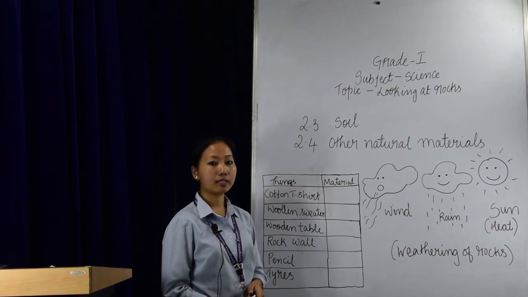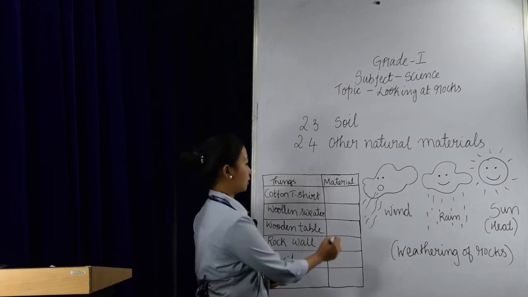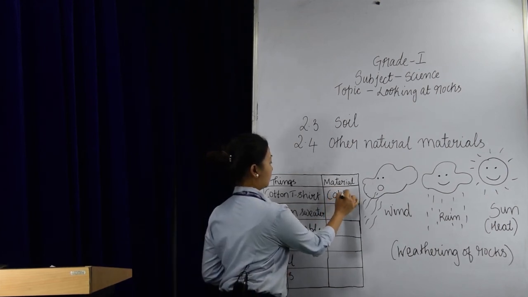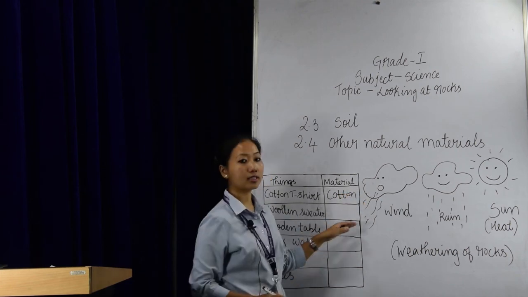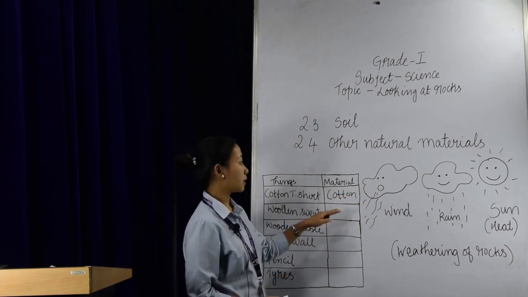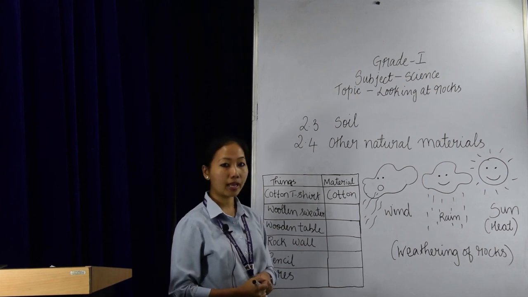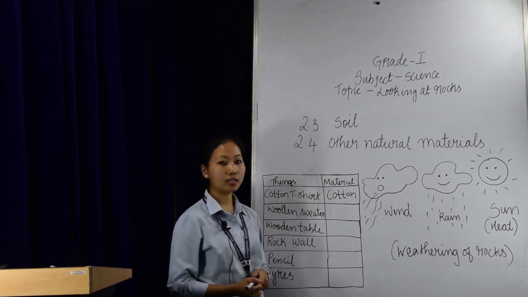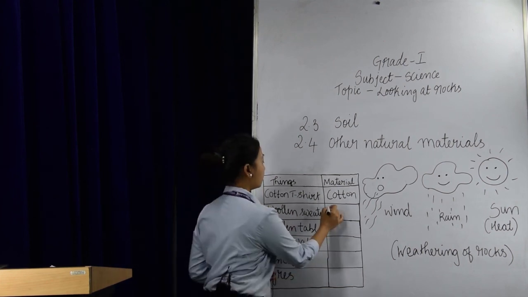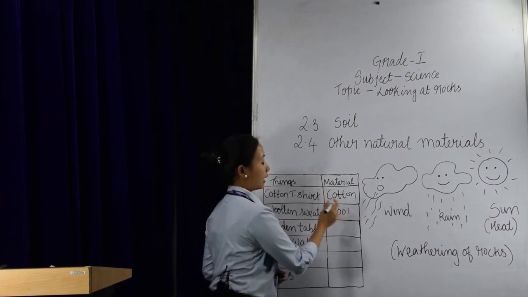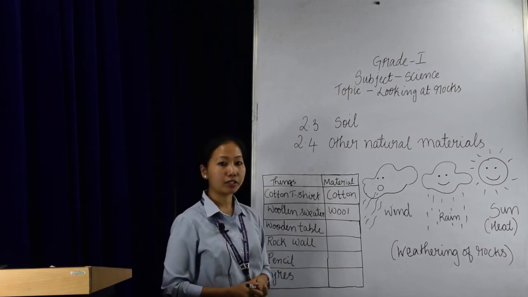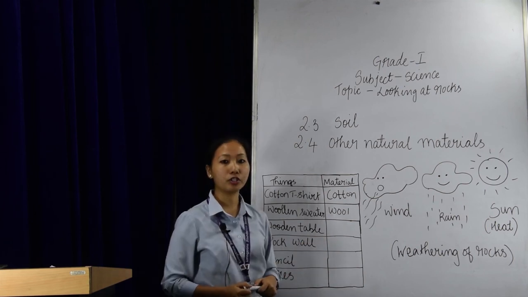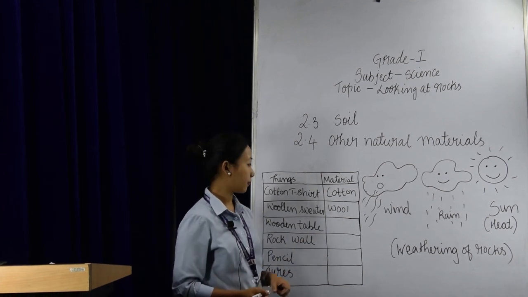Cotton t-shirt is made from cotton, which is a natural material, because we get cotton from the plant. Next is woolen sweater, which is made from wool, and it is a natural material because we get wool from sheep, and sheep is an animal.